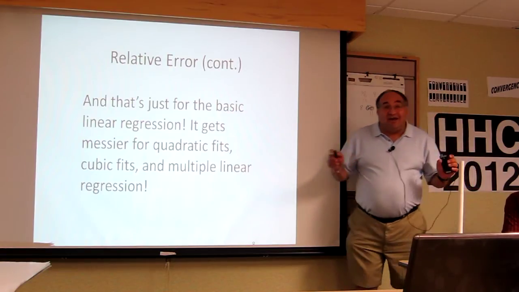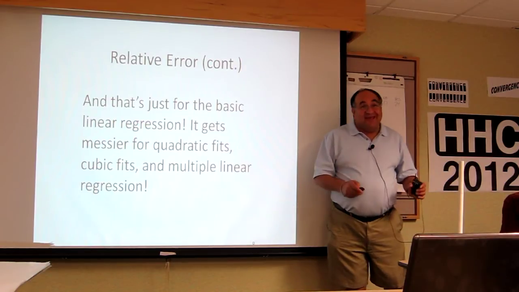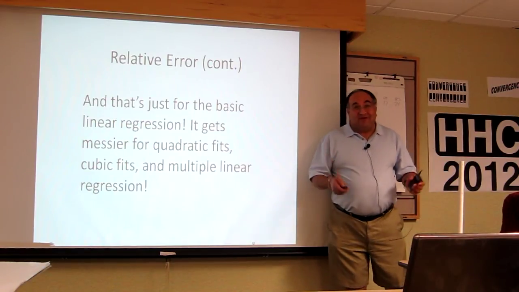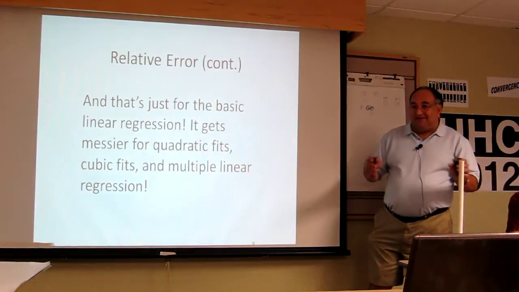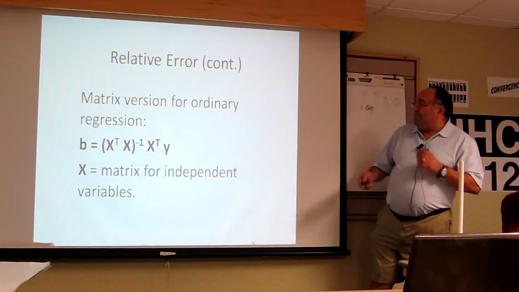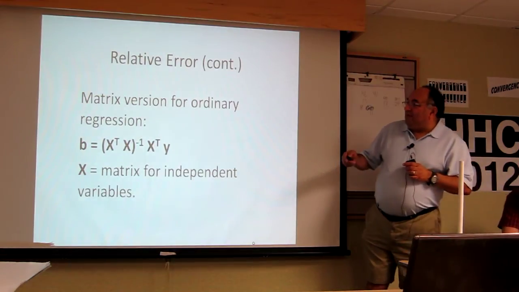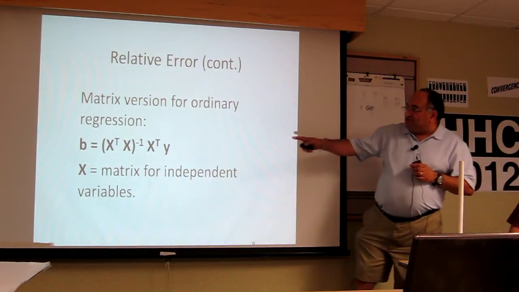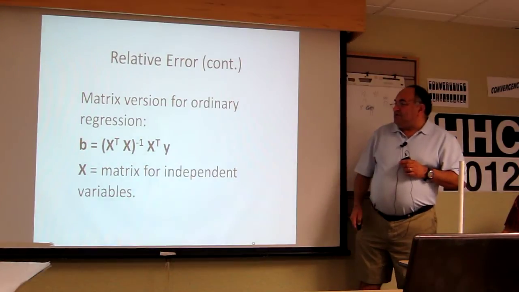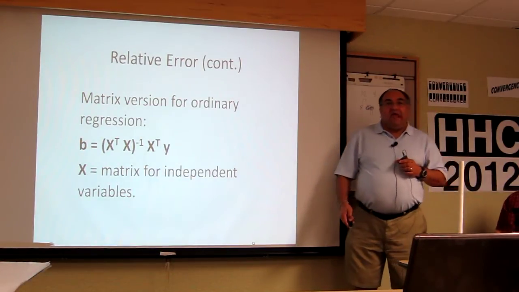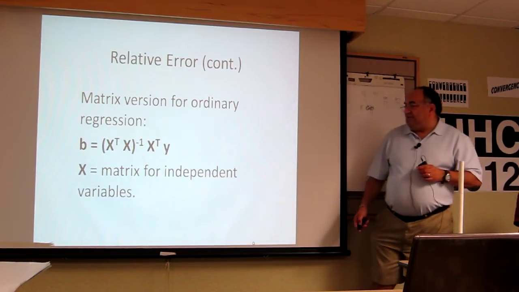And this is just for the basic linear regression. It gets even better if you do quadratic fits, cubic fits, and, heavens forbid, multiple linear regression. For example, for multiple regression, we have the matrix version, and some of you know the equation. This is in matrix and vector form, and with the graphing calculators, you can execute that very easily.